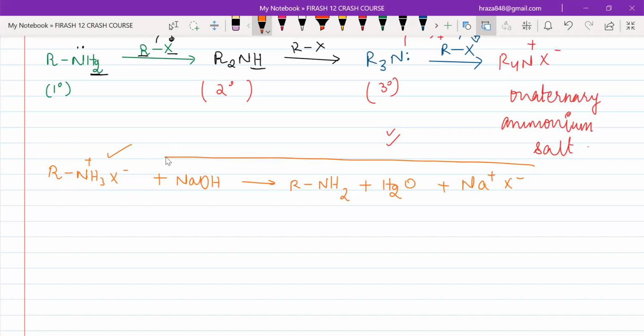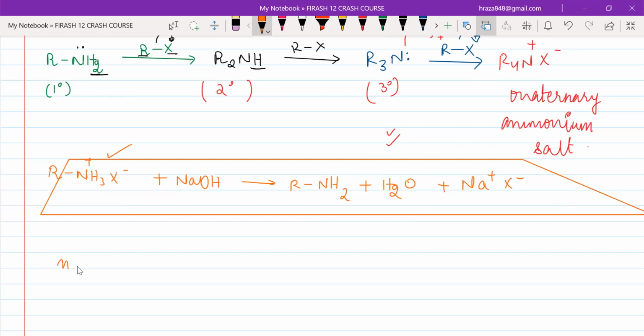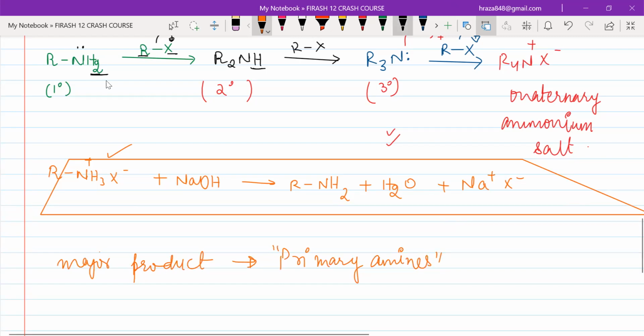So basically with ammonolysis, the major product will be your 1 degree or primary amine, because you can see it started from primary amine, then converted into secondary, then tertiary, then quaternary, and this will be the least, then this, the major will be primary amine.